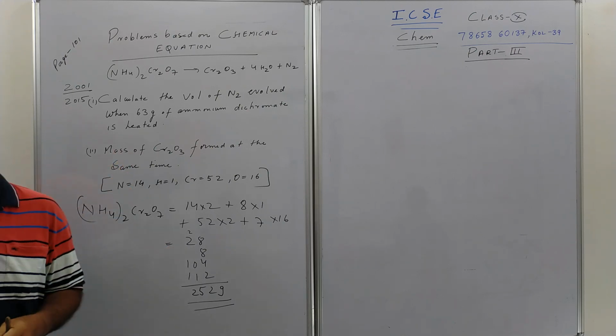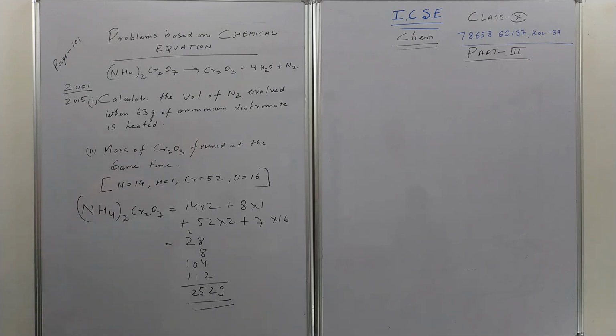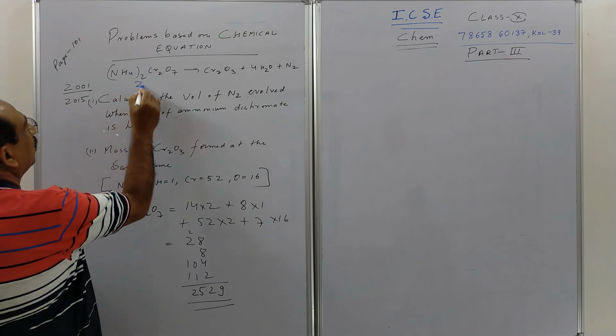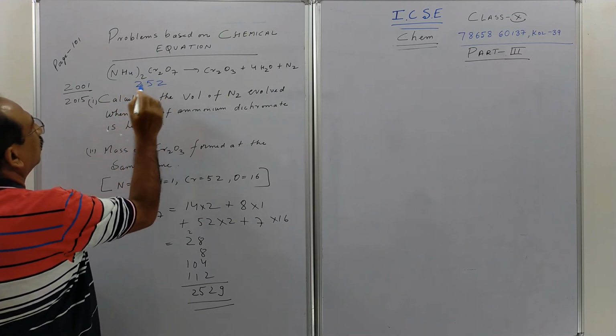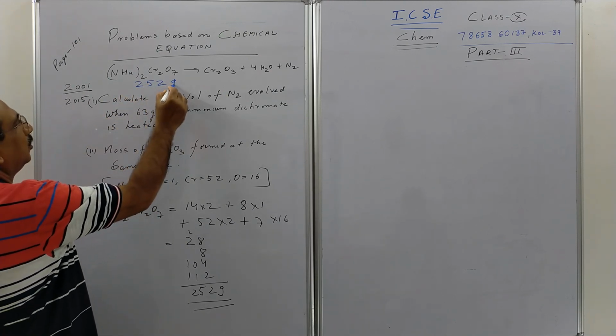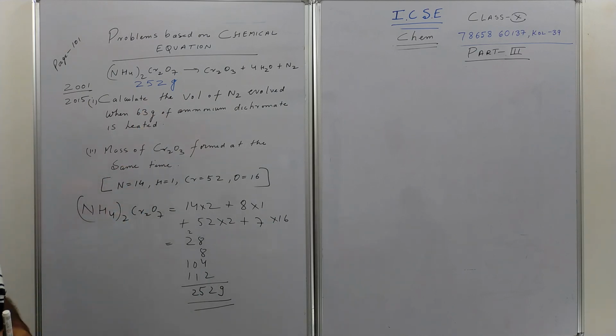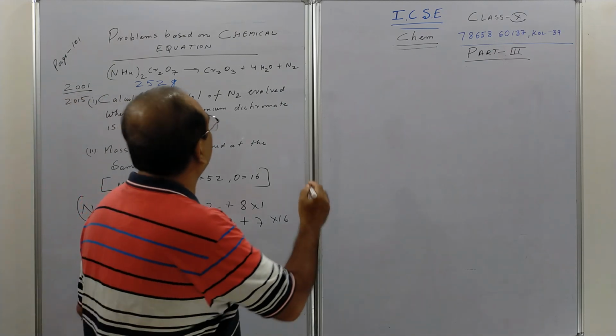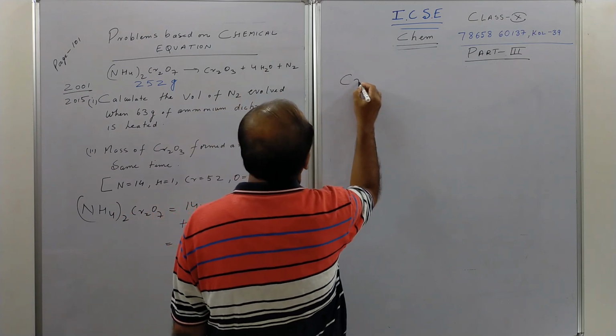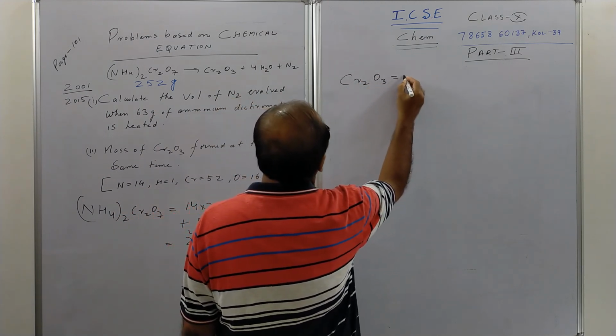Here with the blue marker, I am going to write the gram molecular mass of your ammonium dichromate. Now next we find the molecular mass of chromic oxide, Cr2O3.